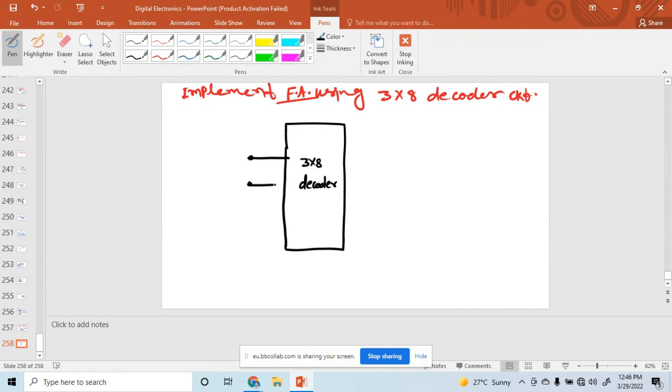Three inputs, A, B, and C. And how many outputs?